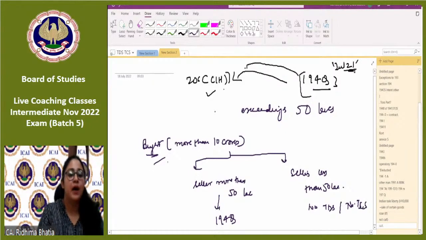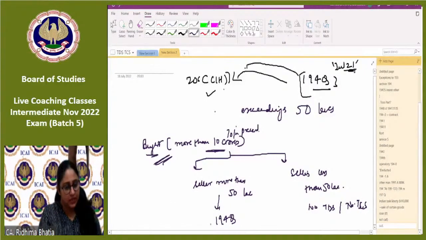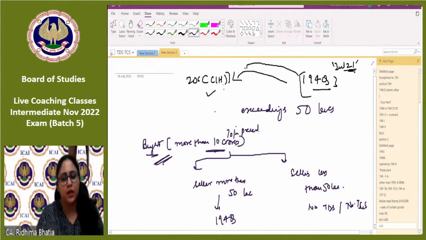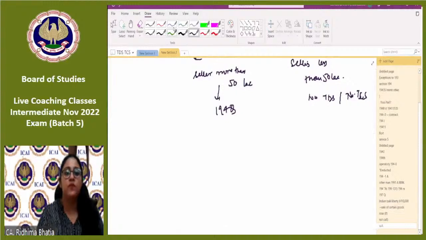So for you as a buyer, if there is a 50 lakh transaction, and first you have to take your responsibility only when you are a buyer of more than 10 crore turnover in the preceding financial year. सिंपल, अगर आपका सेलर के साथ 50 लाख से ज्यादा का ट्रांजैक्शन है 194Q, अगर नहीं है तो नो TDS, नो TCS. सिंपल.